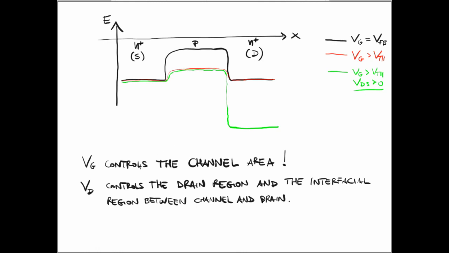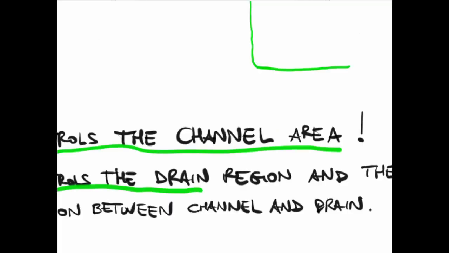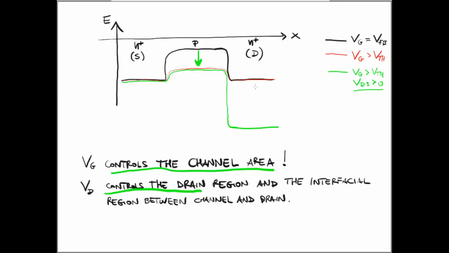So VG clearly controls the channel, while VD clearly controls just the drain region, and just a little bit very close to the interface between the drain and the channel region.